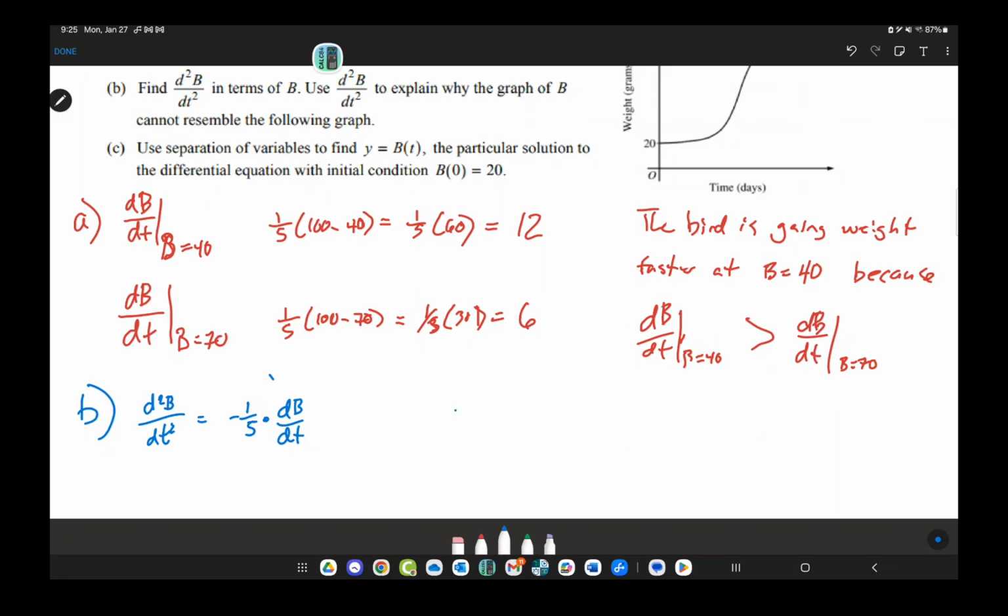We took the derivative of the rate of change and we multiply it by the rate itself. So that's negative 1/5 times 1/5 of 100 minus B, which equals negative 1/25 of 100 minus B.